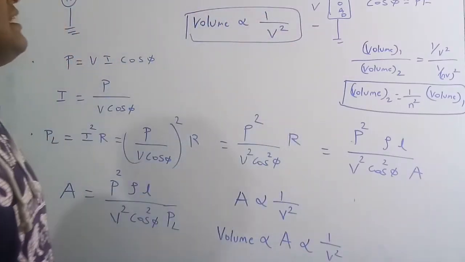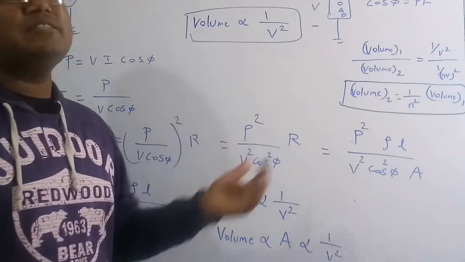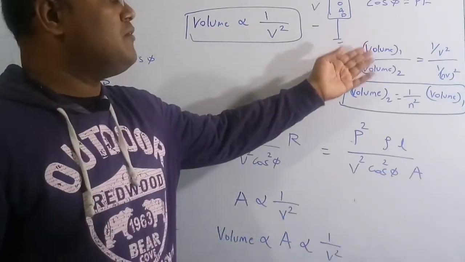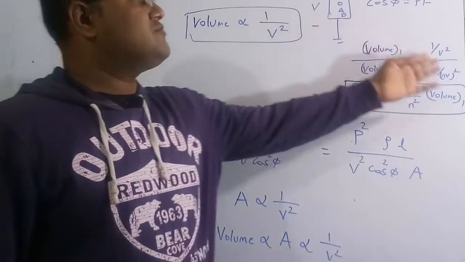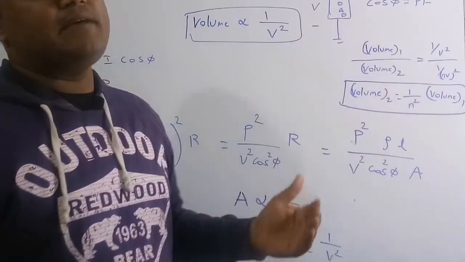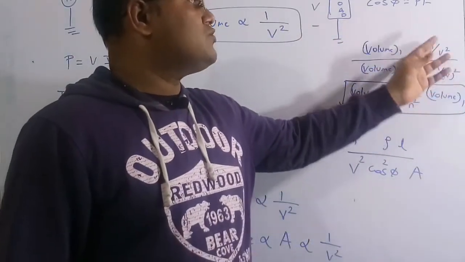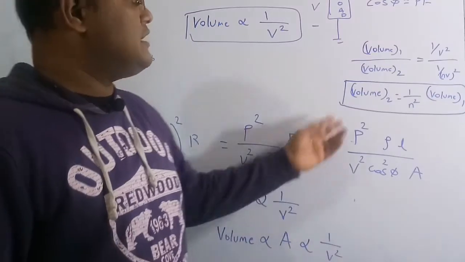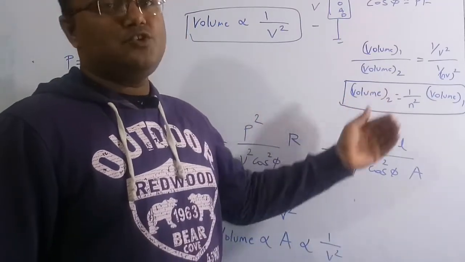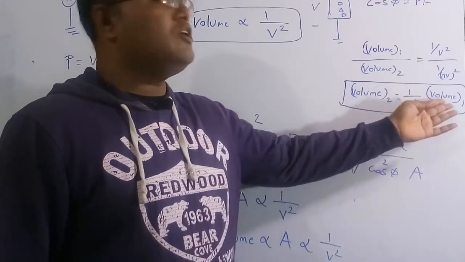Suppose the voltage is increased by n times. Then volume 1 by volume 2 is equal to 1 by V square divided by 1 by NV whole square. If you simplify, we get volume 2, the new volume, equal to 1 by n square times the old volume.